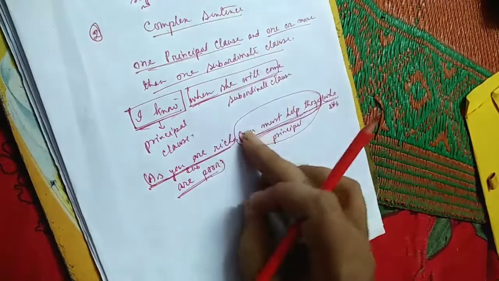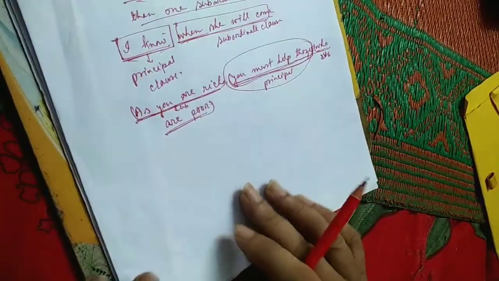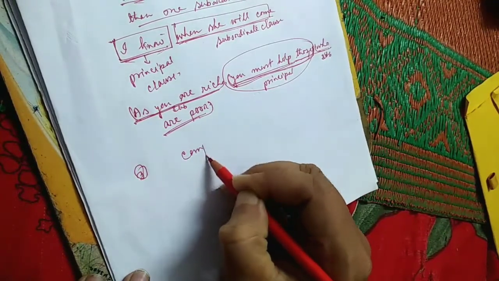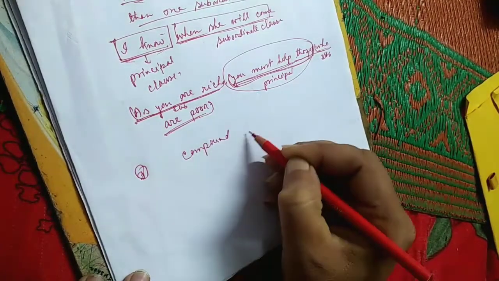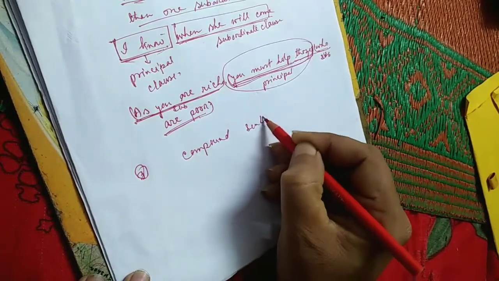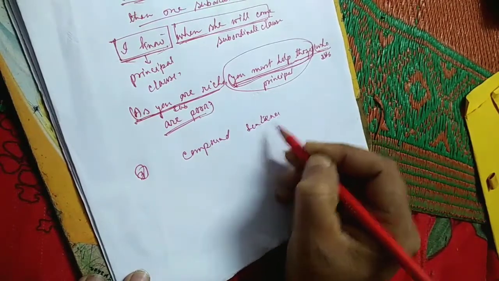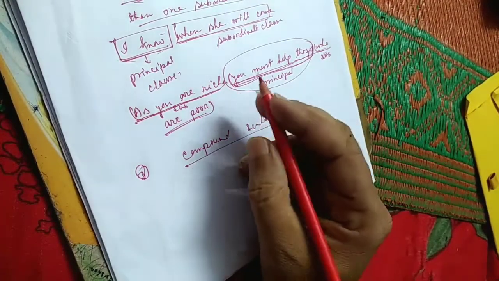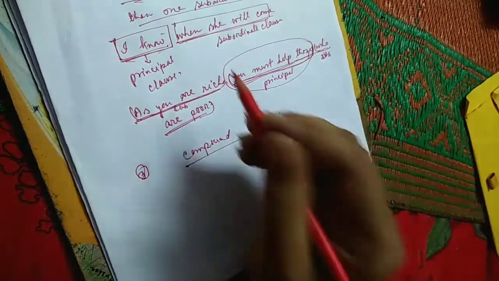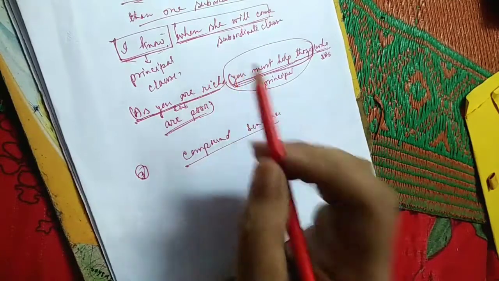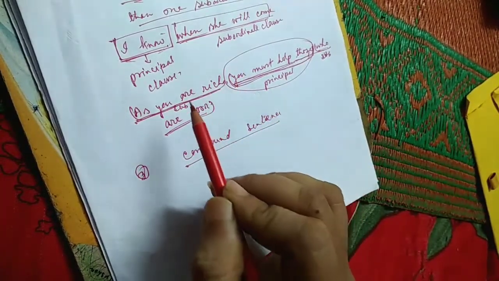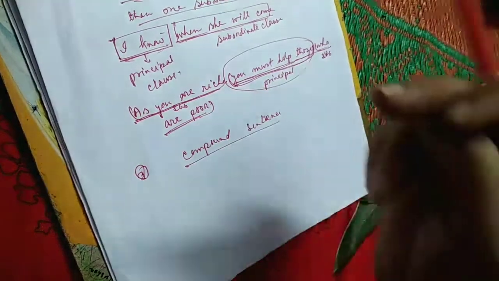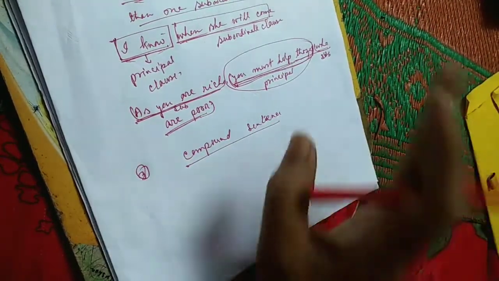Okay, now we will move to compound sentence. But first, how to find out clauses? To find out clauses, we must see finite verbs. Number of finite verbs is equal to number of clauses. Very easy.